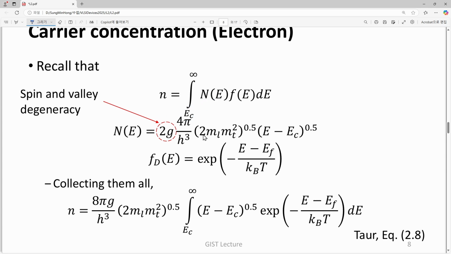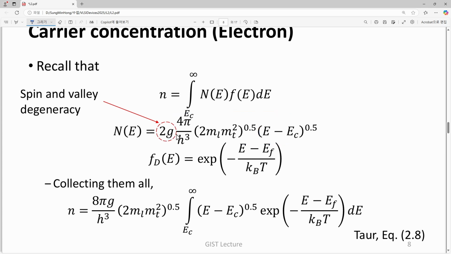Previously I have shown you that the density of states follows this square root form of electronic energy. And here we have additional factors corresponding to the spin and valley degeneracy. Usually this spin degeneracy is fixed to number 2 and the valley degeneracy is written here as Z. In the silicon conduction band, this corresponds to number 6. But we will just keep this general expression.